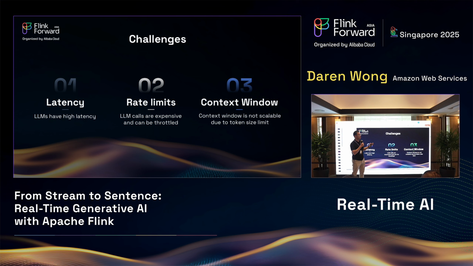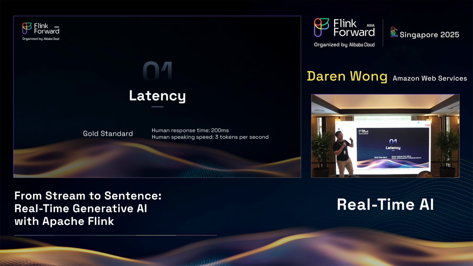So based on this approach, you can imagine that at some point, we are going to run into the context window size limit. So these are the three challenges that we need to solve next. In the next slide, we are going to dive deeper into each of these challenges and see how we can solve them with Flink.